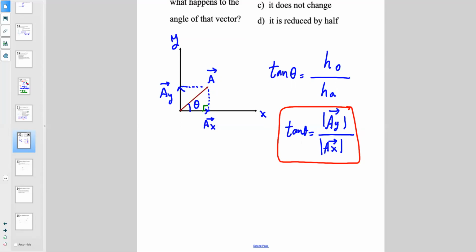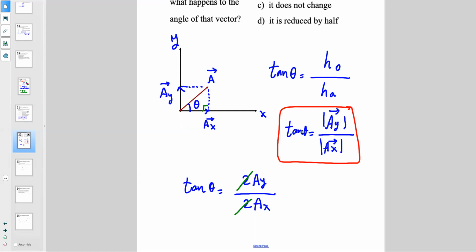Now, if that's the case, if I double each component in both directions, x and y, this factor of 2 will cancel from top and bottom. Now I am left with the same ratio as before. So the tan of theta does not change.